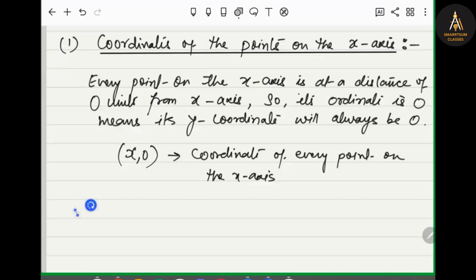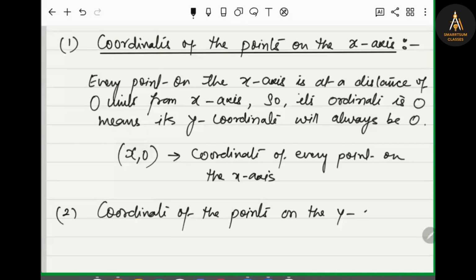Second is coordinates of the points on the y-axis.